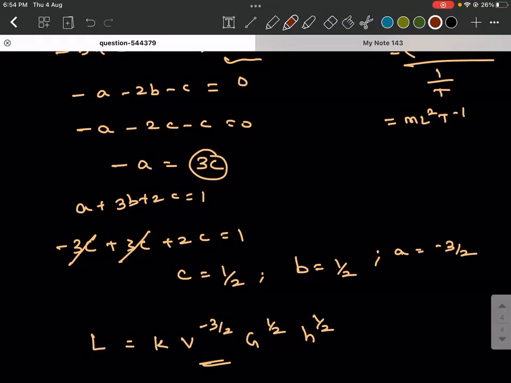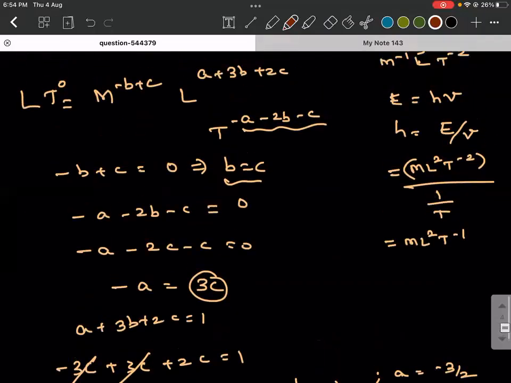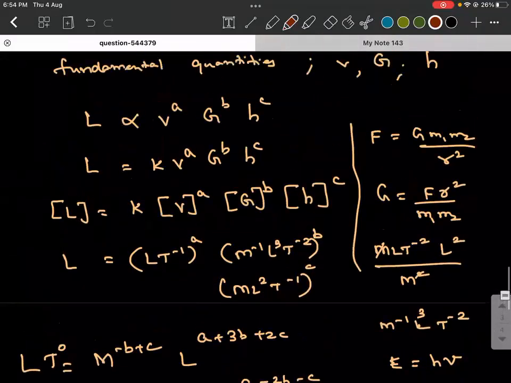This is what is called finding the relation between a physical quantity in terms of other physical quantities using dimensional analysis. This is a very, very important application. In every school, they will ask for this. This question you got in your school exam. Okay. So please make a note of it.